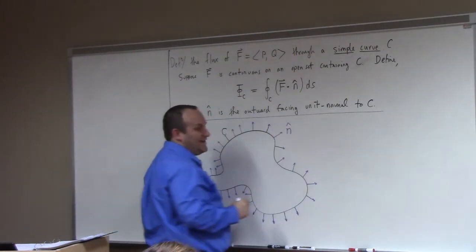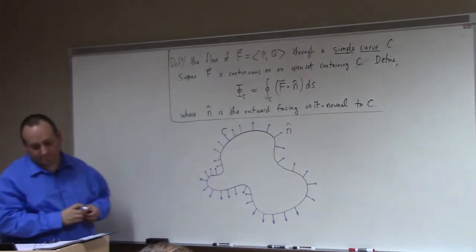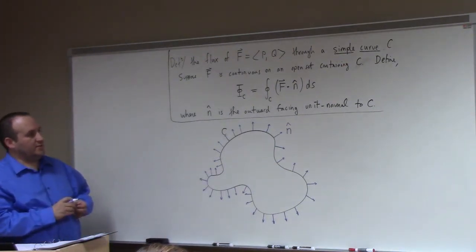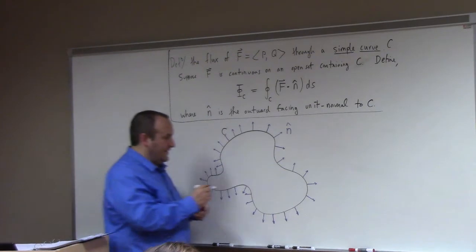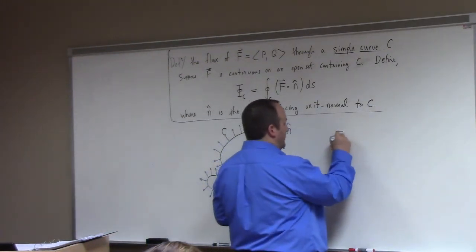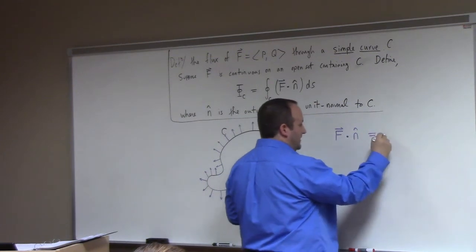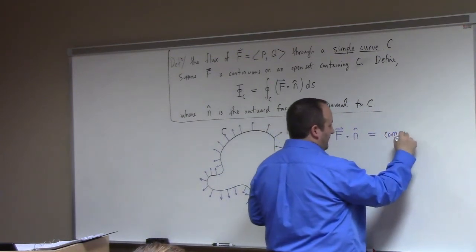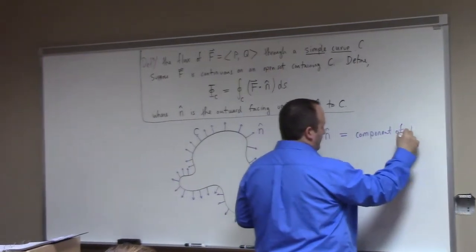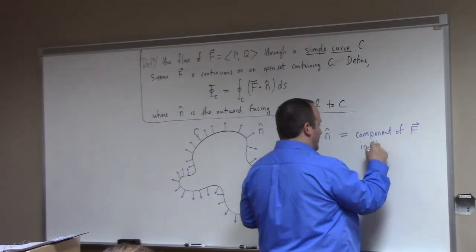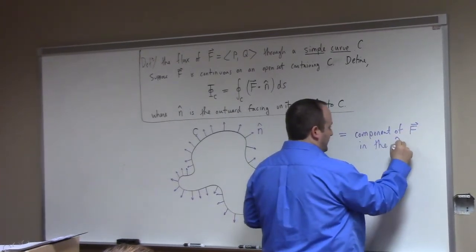So anyway, I pictured n hat, right? So what is F dot n hat here? What does that do for you? This is equal to the component of F in the n hat direction.